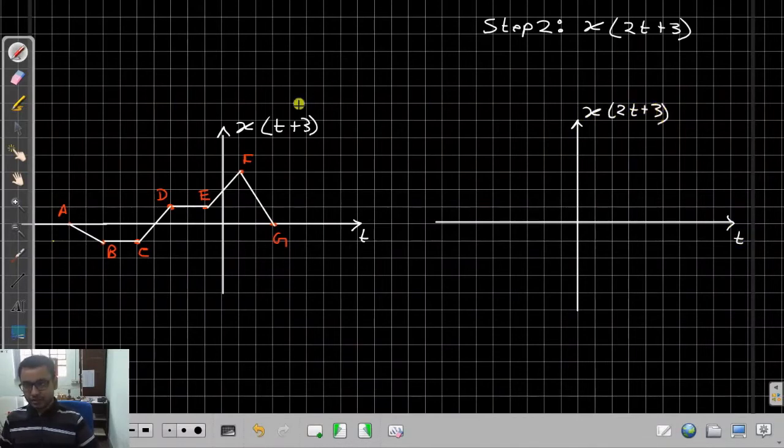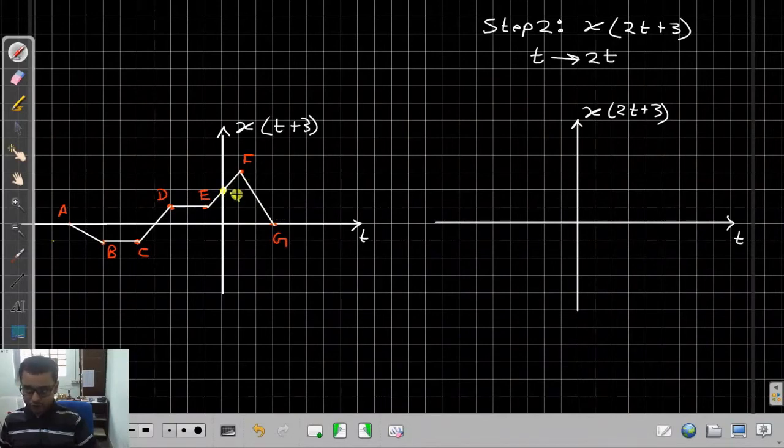Note that here we have t plus 3 and here 2t plus 3, which means t is being replaced by 2t. Okay, the variable t is replaced by 2t. So this graph will be squeezed, compressed, that is time scaling, and while this graph is compressed, the point which is on the vertical axis will not move.